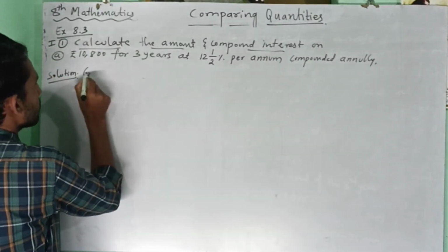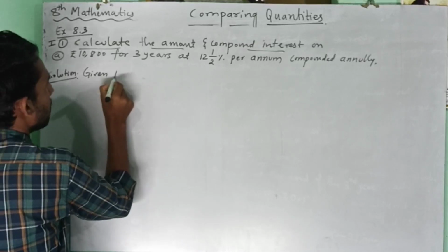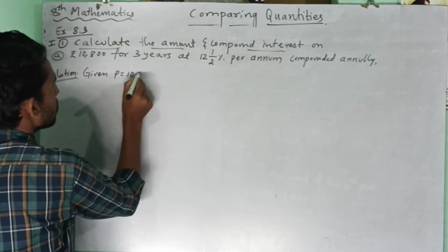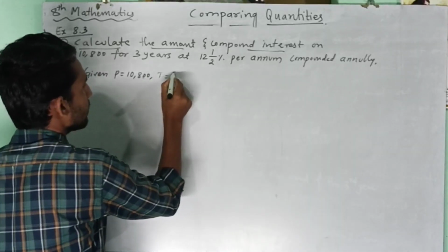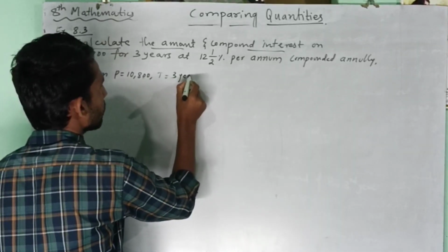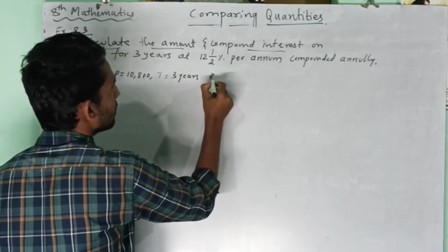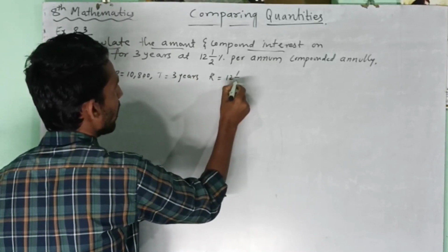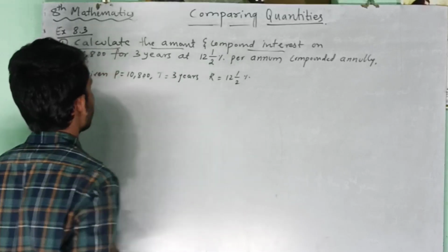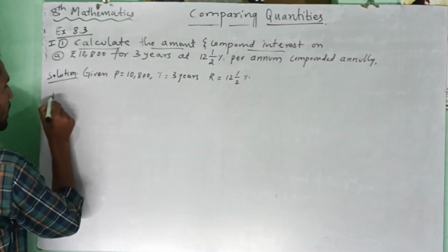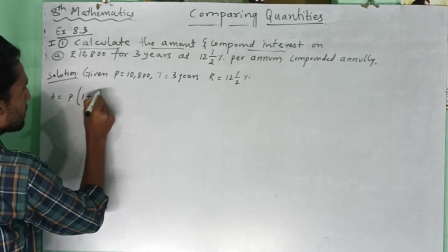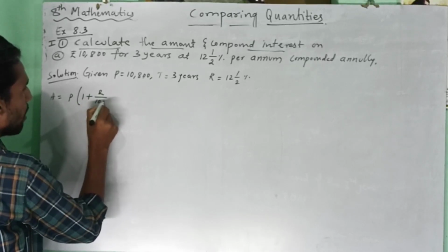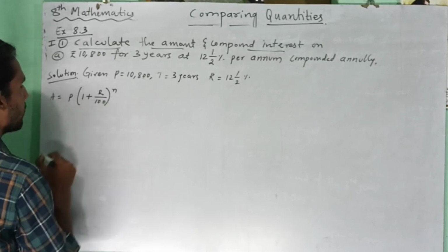Given here, P, that is 10,800, T is given as 3 years, R is given as 12 1/2%. Now we know the formula A is equal to P into the bracket 1 plus R by 100, whole to the power of n.